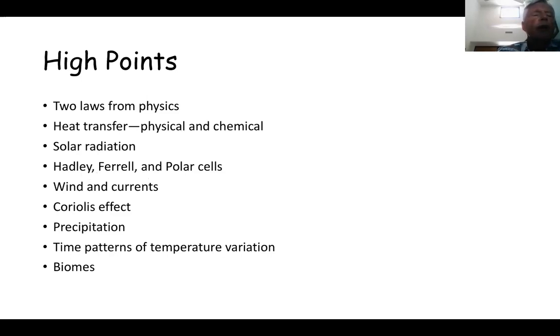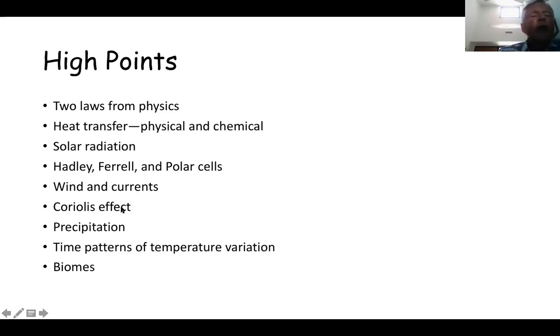We talked about the consequences of pressure variation to the flow of the atmosphere, which is the wind in the atmosphere and the effect of the wind on the surface of the ocean, creating currents. So winds and currents are generated by these pressure gradients that are generated by the Hadley, Ferrel, and polar cells.